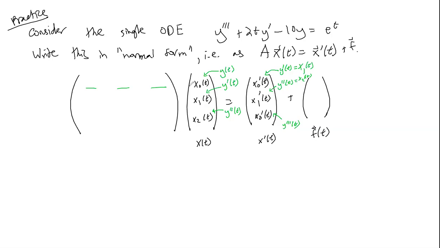And so we're saying what linear combination of x0, x1, and x2 gives us x1, right? We want a linear combination of x0, x1, and x2 to give us x1. We should just have 0, 1, 0.